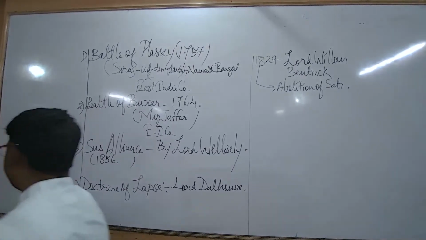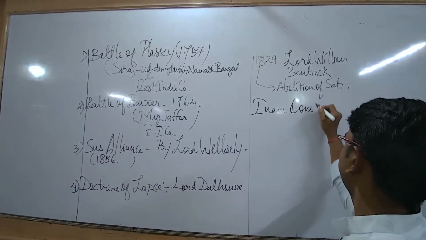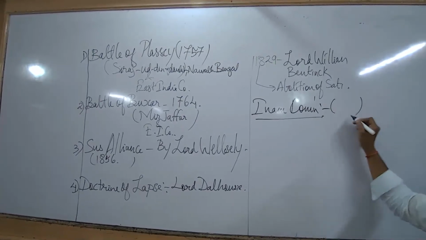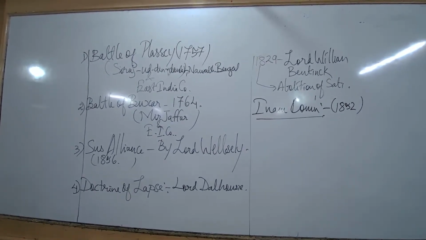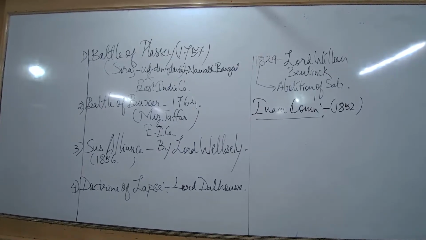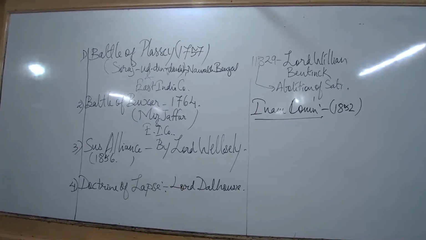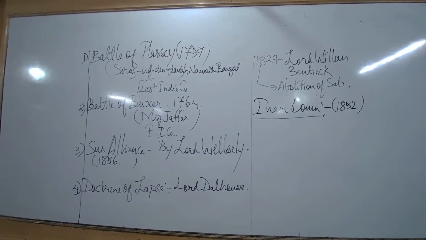Inam Commission is a commission set up by the British. Write the date I am going to give as per the text only, 1852. I'll tell you as per the textbook. It was with reference to aristocracy. With reference to aristocracy, I think 20,000 estates.